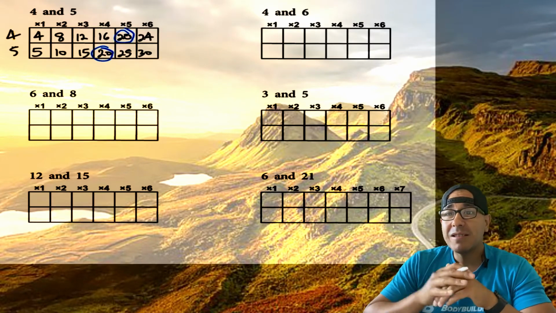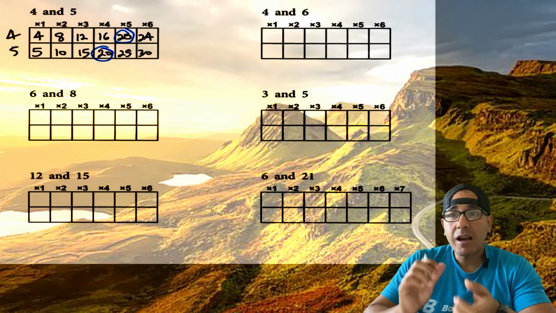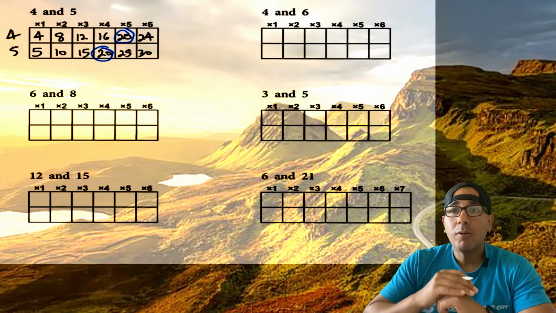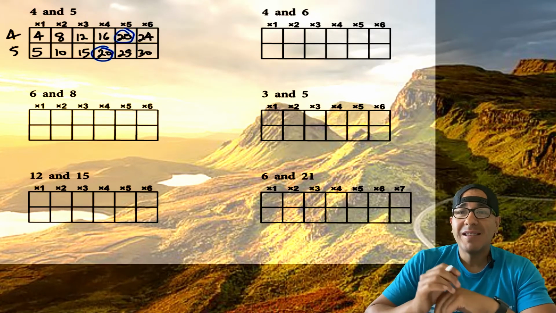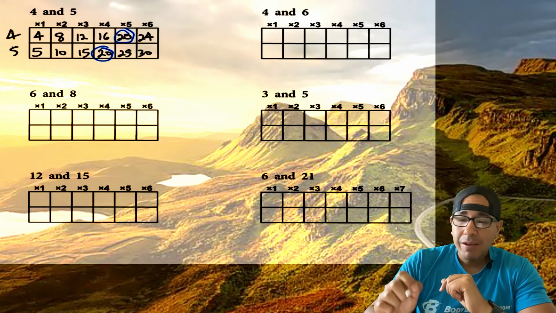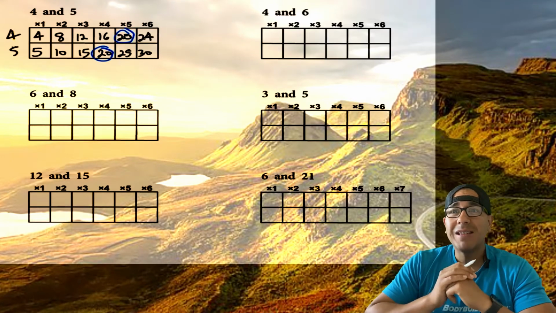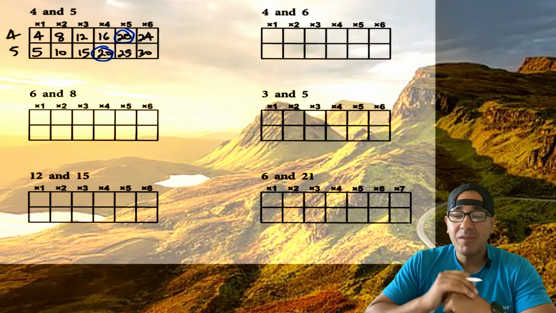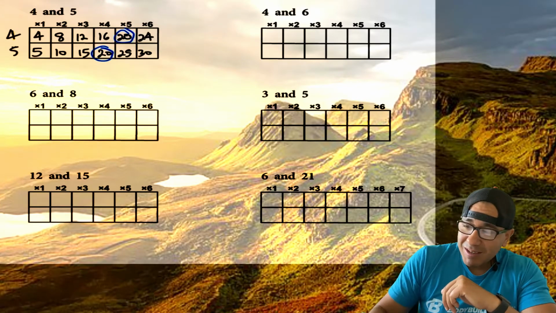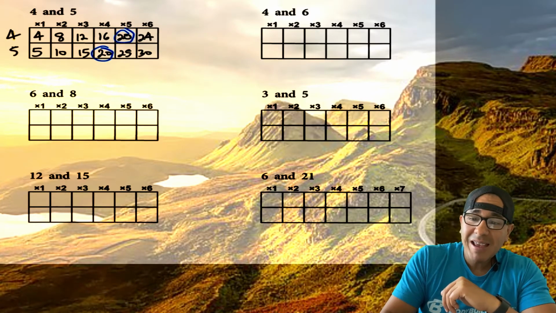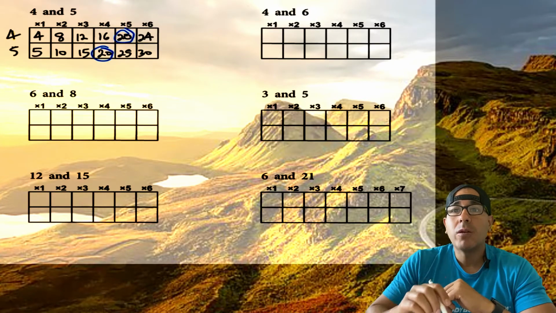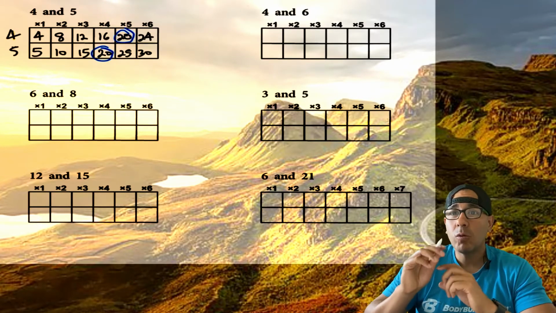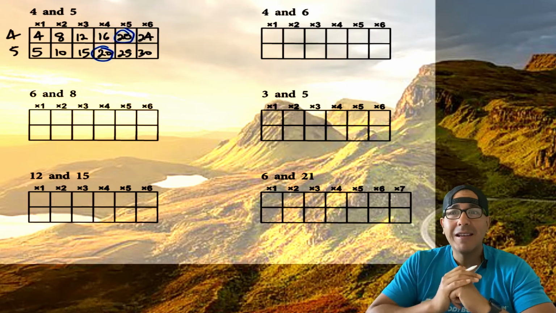For a lot of these numbers, they might have many common multiples, but what we're interested in is the smallest multiple they share. That's what we're after, because this idea is going to help us when we're looking for the least common denominator. The idea is exactly the same.